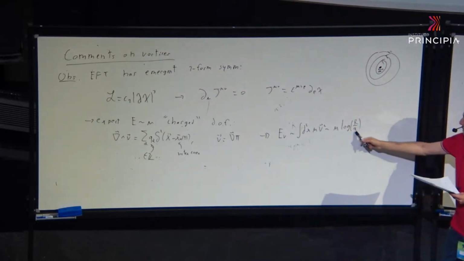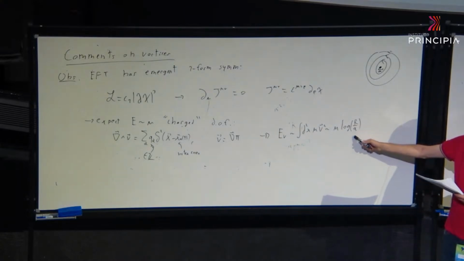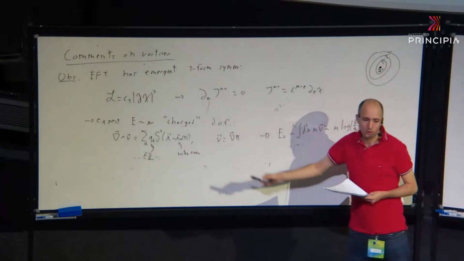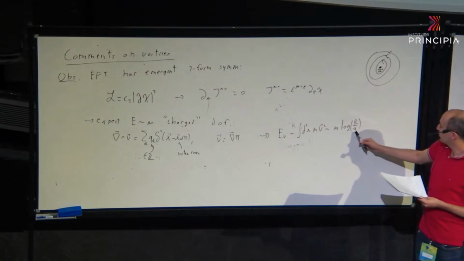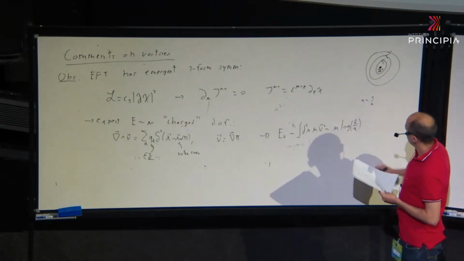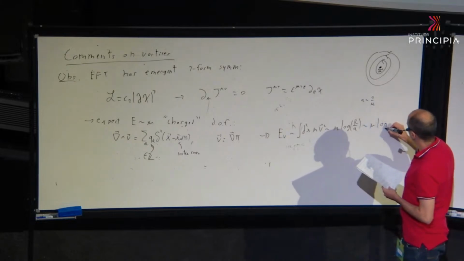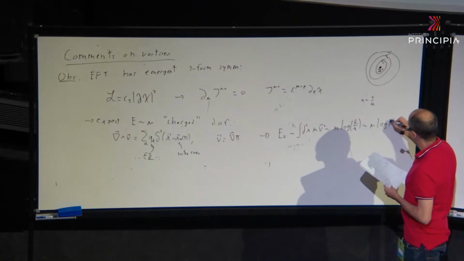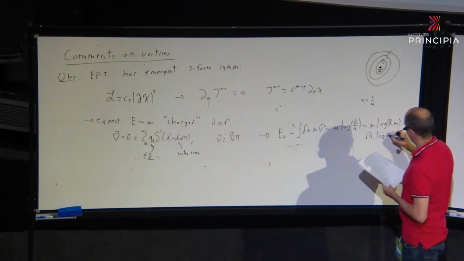It could in principle happen that the radius of the vortex goes to 0, then vortices have infinite energy and are disallowed. Here instead, in effective field theory, I cannot know the size of the vortex, so I'm cutting off at a, and by dimensional analysis a will be 1 over μ. So you predict that the vortex has an energy μ log(r μ), or square root of q log q if you want, with a calculable coefficient.